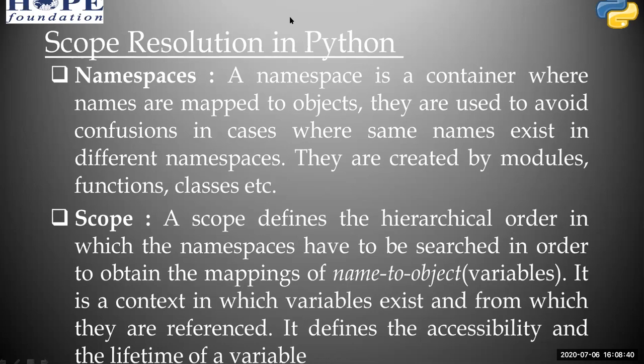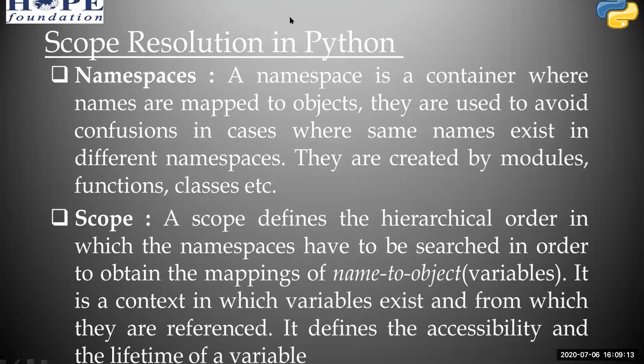So in cases where the same name exists in different namespaces, that means if you are using the same variable in three or more places in our coding, or assigning different kinds of values to the same variable, they are created by modules, functions, and classes.